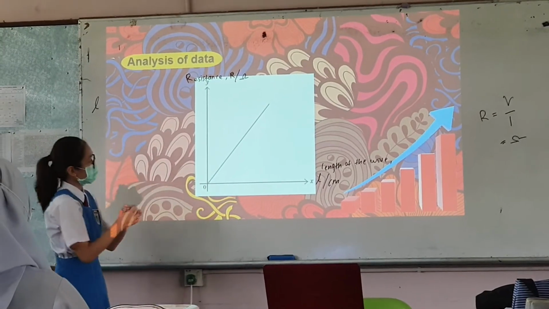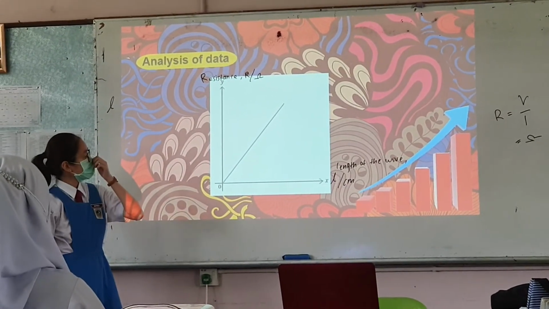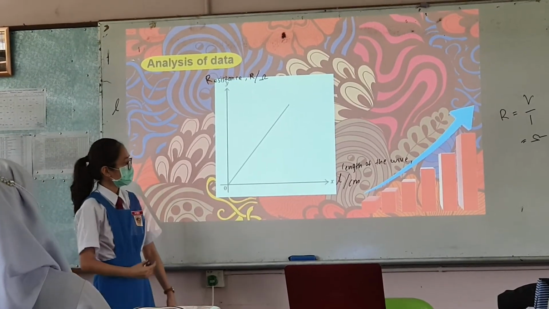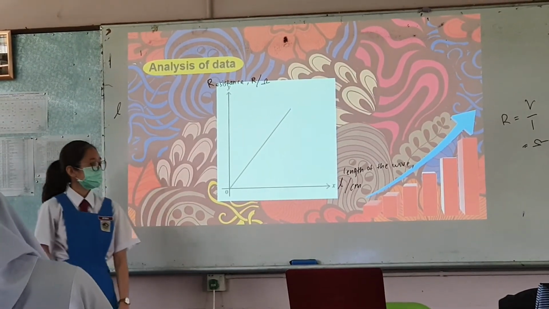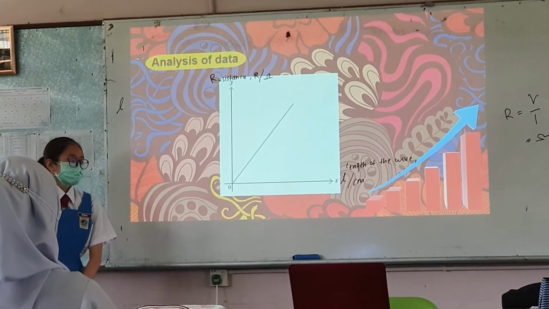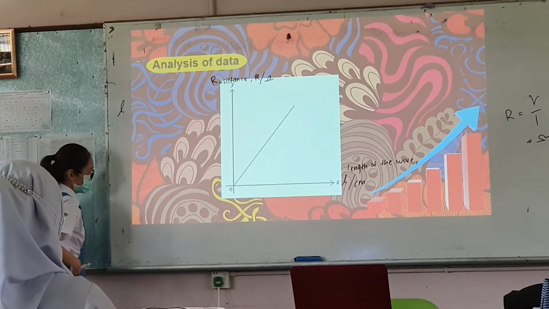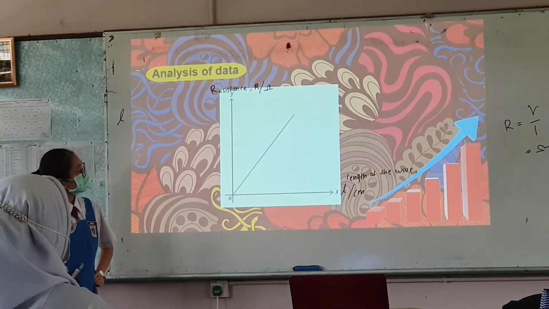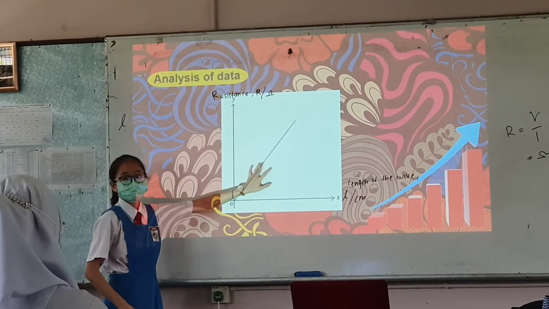The graph inside, you don't have to draw because this is just planning experiment. But if it is a theory question, class, is the relationship like that? The longer the length, the bigger the resistance or the other way round?